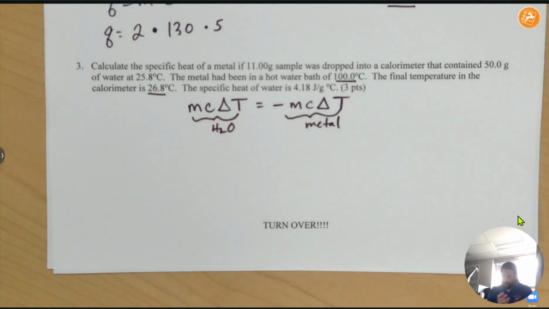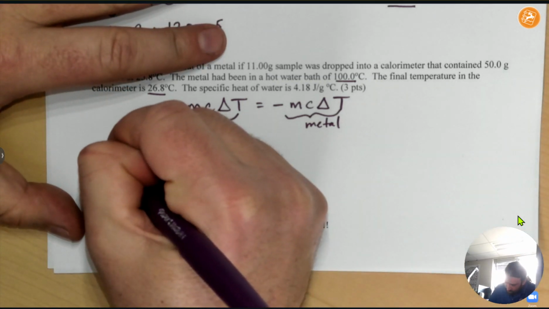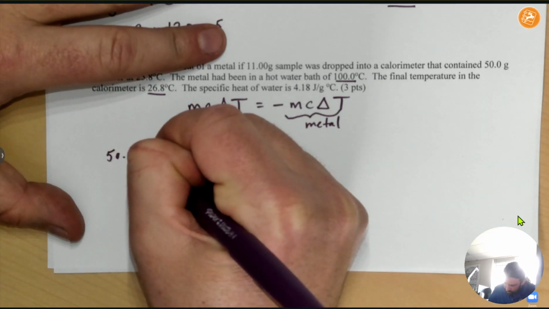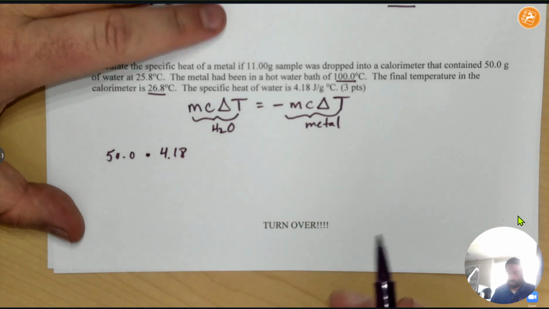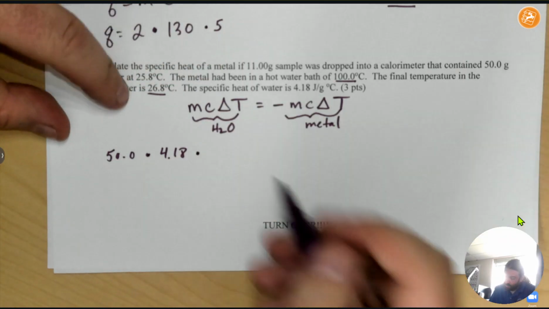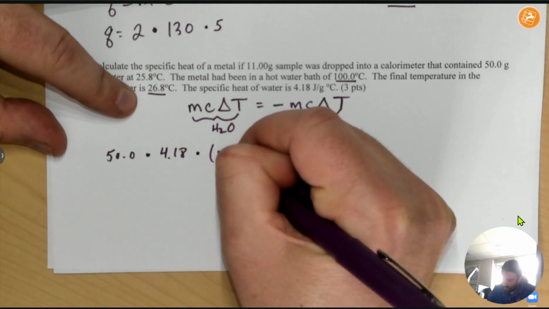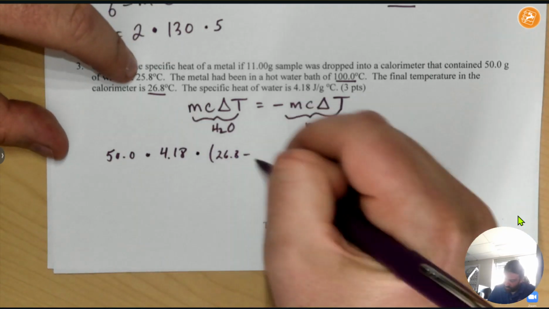So let's go ahead and plug in. All right, so the mass of water is 50.0 grams times the specific heat of water, which we know is 4.18, times the temperature change, which is final minus initial. So the water ended at 26.8, but started at 25.8.